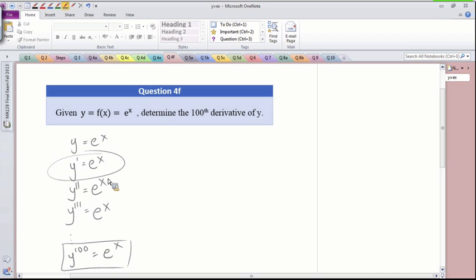The second derivative is the derivative of the first derivative, so it's e to the x. The third derivative is the derivative of the second derivative, and that's just e to the x. So you notice a pattern that no matter how far down you go, whether it's the 100th derivative or the 1000th derivative of e to the x, you'll always just get e to the x. It's a special function whose derivative is itself.